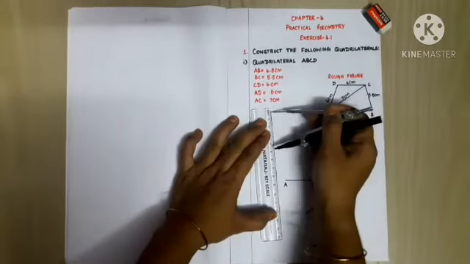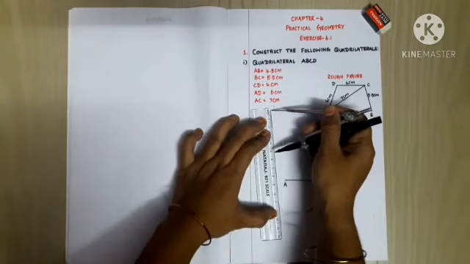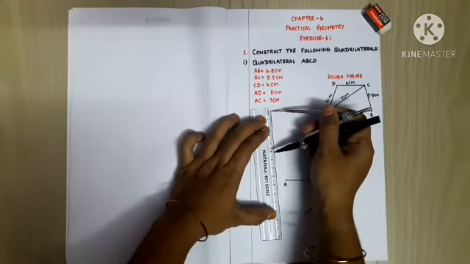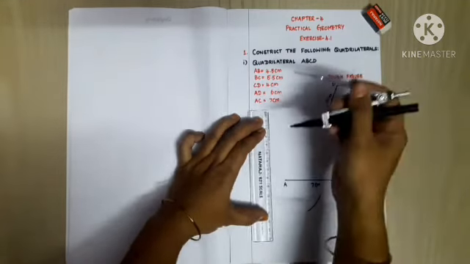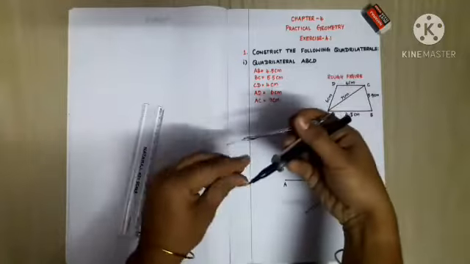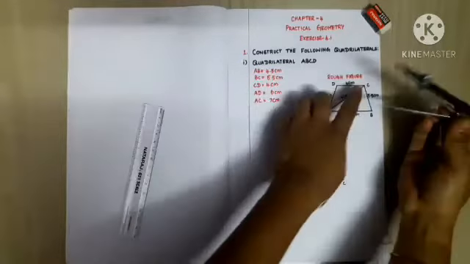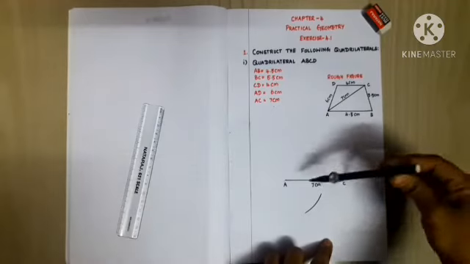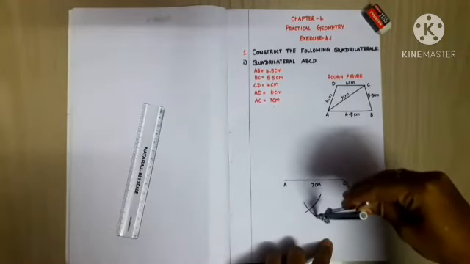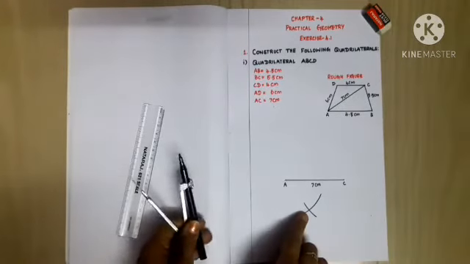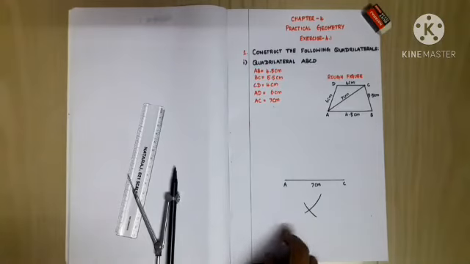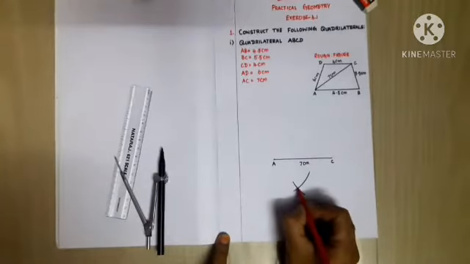Now again I am taking the ruler and the compass and keep the needle point at 0 and extend till 5.5 centimeter. Now fix at C and draw another arc which cuts the previous arc. See, here the two arcs are intersecting each other at the point, so that intersecting point is called B.